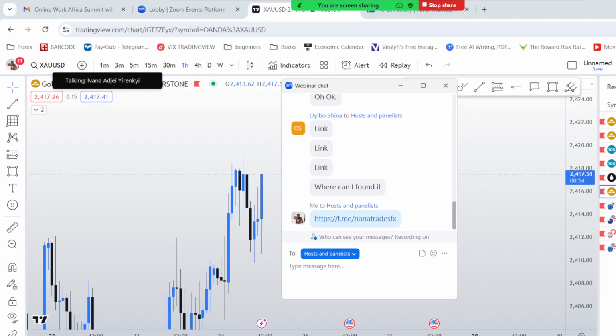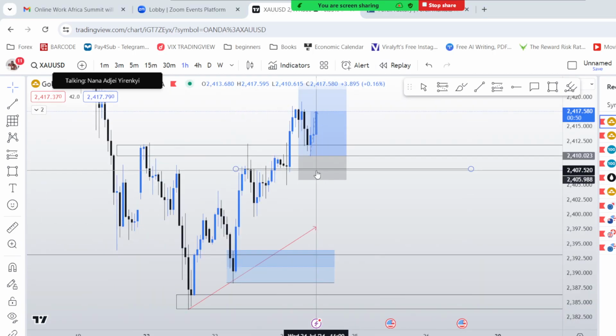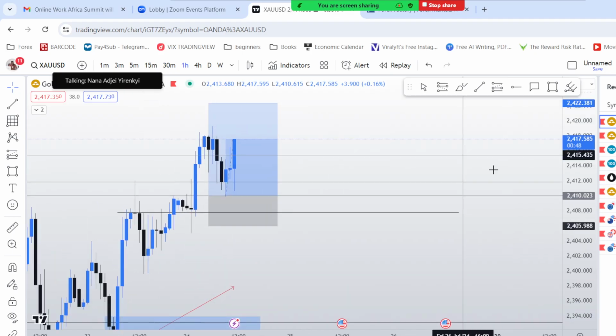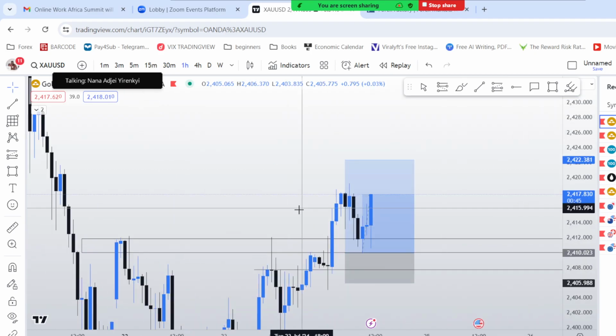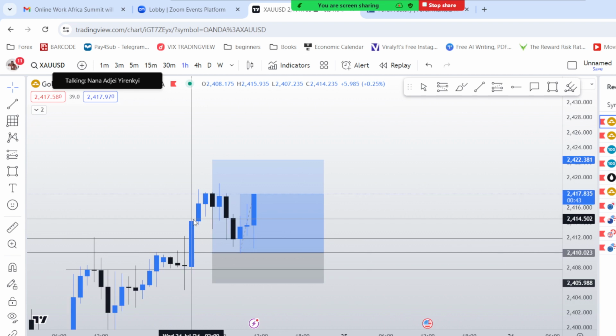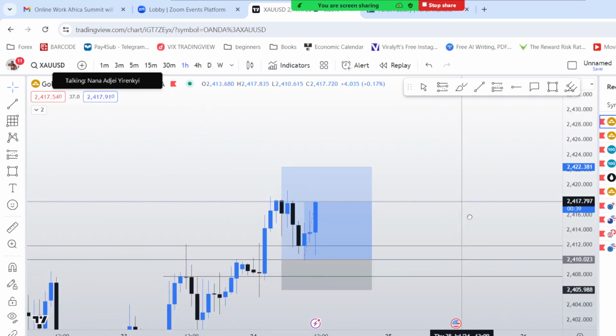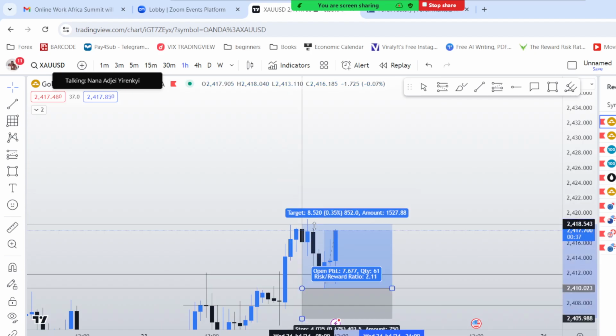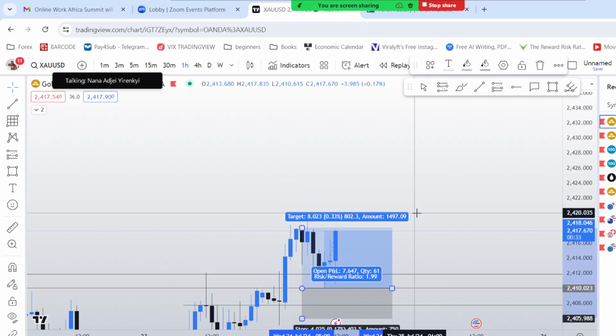So you can see that the trade that I called is running in profits. The trade that I called is running close to 80 pips in profit now.